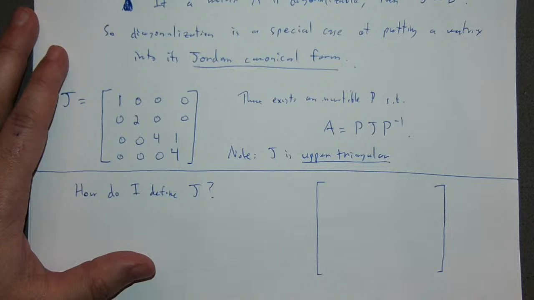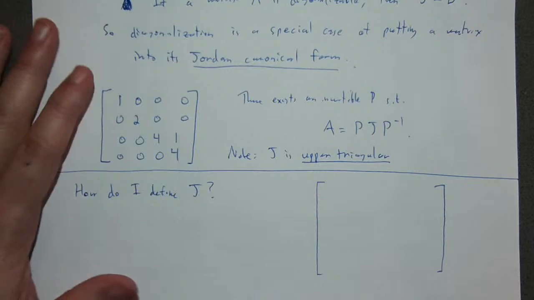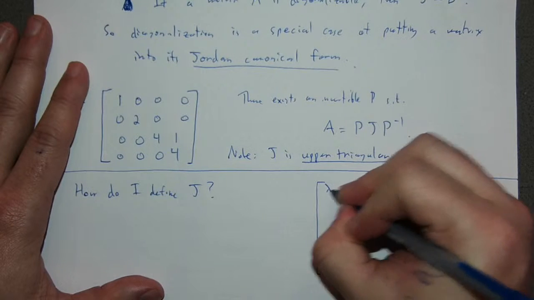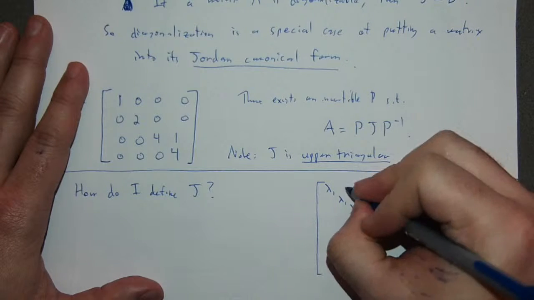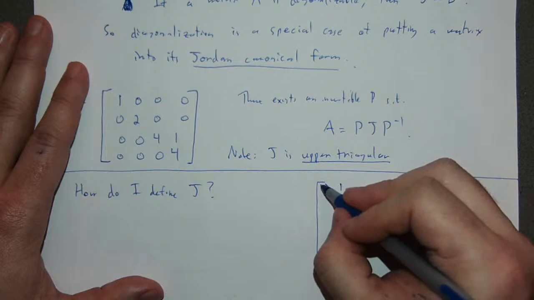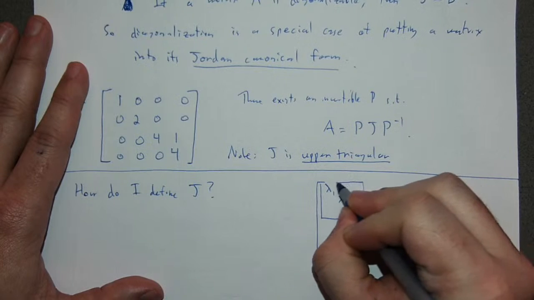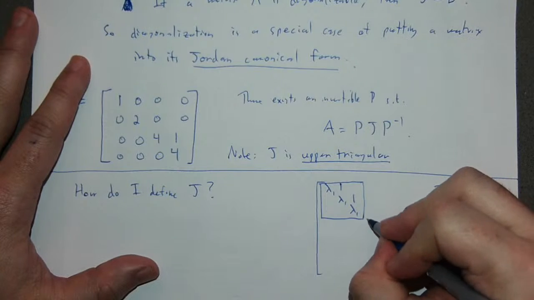The idea is I do the following. Maybe for a repeated eigenvalue lambda 1, I have 1s here. It doesn't matter what is outside those. This picture is also on the Wikipedia article for those that are interested.